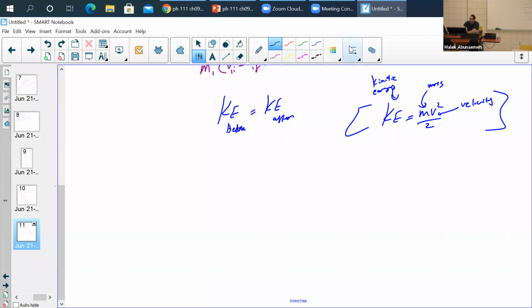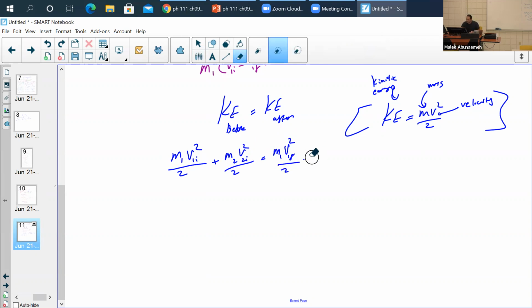So if we apply this on here, we should get the following. M1 V1 initial square over 2 plus M2 V2 initial square over 2 is going to equal M1 V1 final square over 2 plus M2 V2 final square over 2.